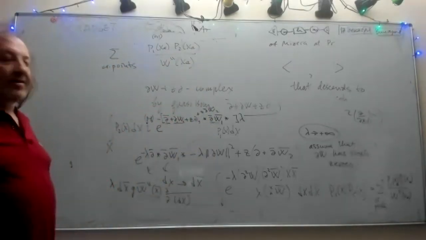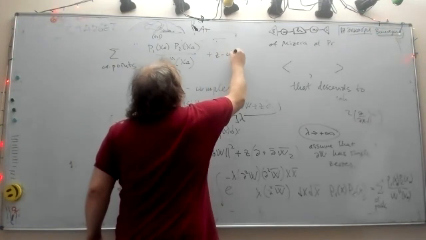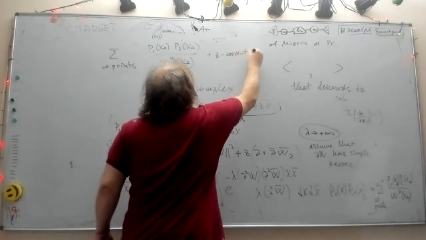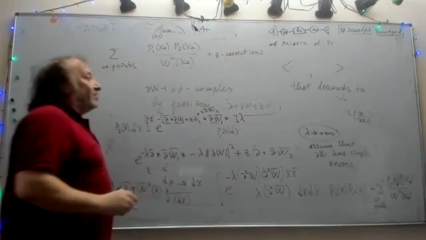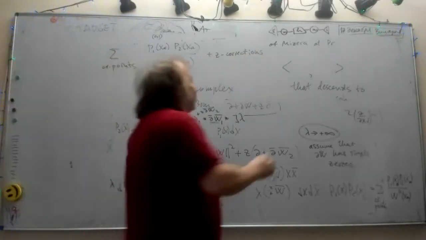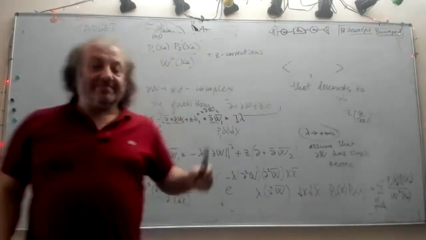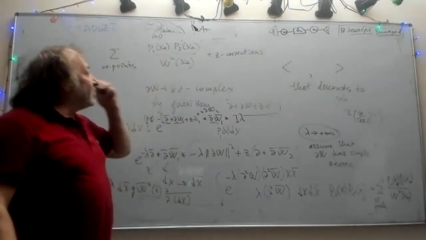Okay, so this is the pairing plus z corrections. They're important. These z corrections are very important. But at the moment, I'm just computing this.